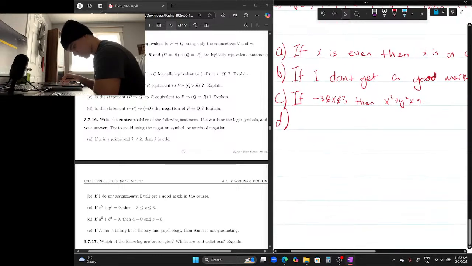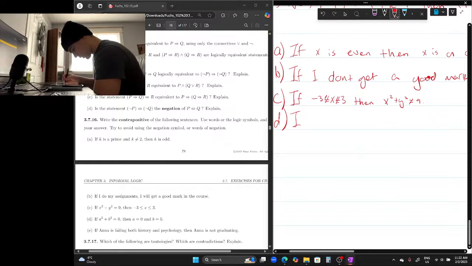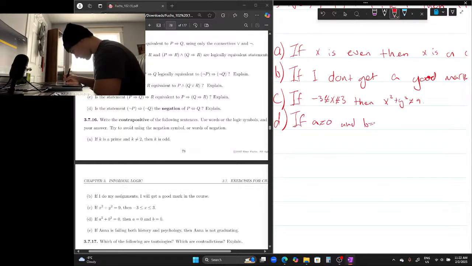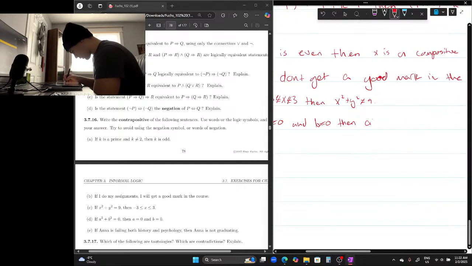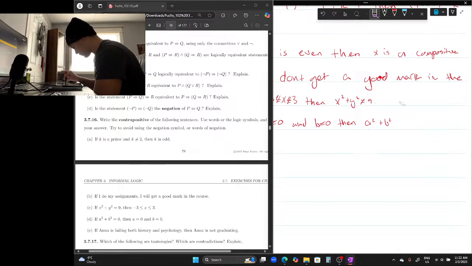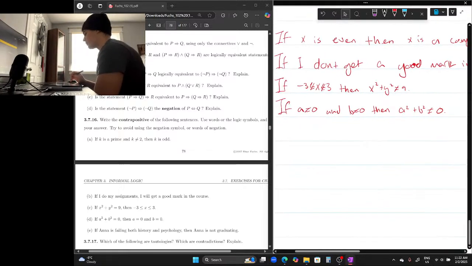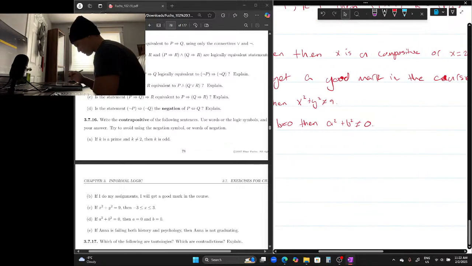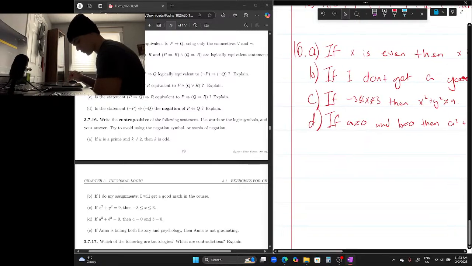D: if a is not equal to 0 and b is not equal to 0, then a squared plus b squared is not equal to 0 either. I hope that's right, because I think this is a valid equation. Could be mistaken. I think it is a valid equation.